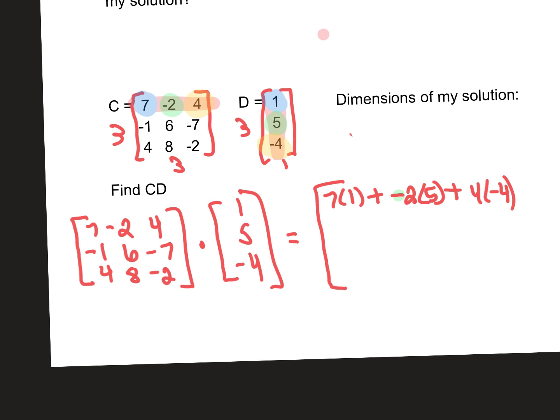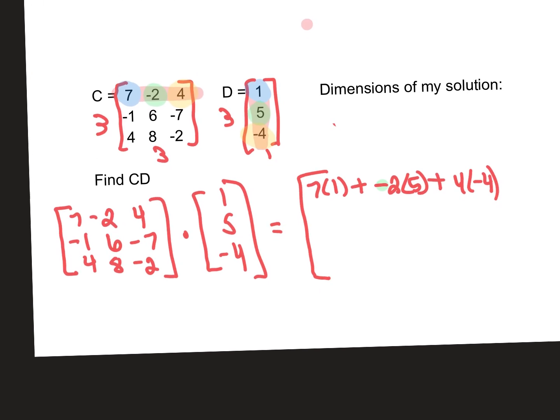And then we're going to go back here in just a minute and calculate that out to see what we get, but we're not going to do that just yet, okay?